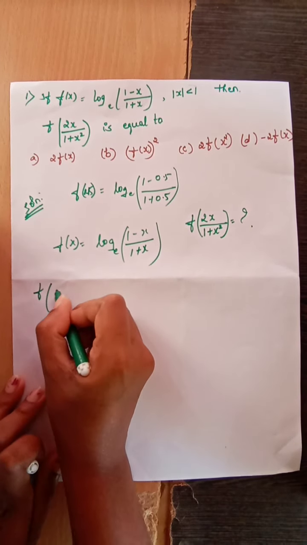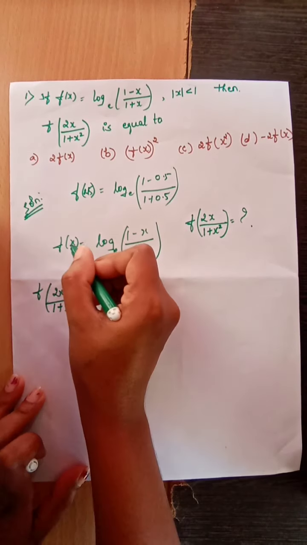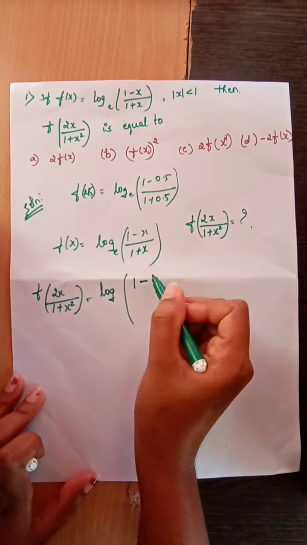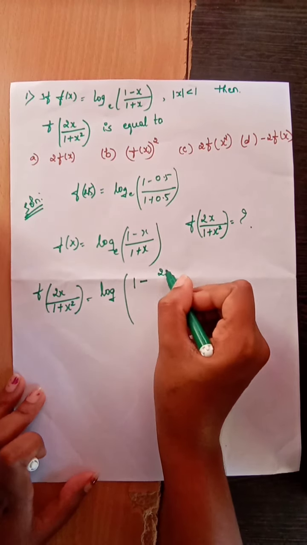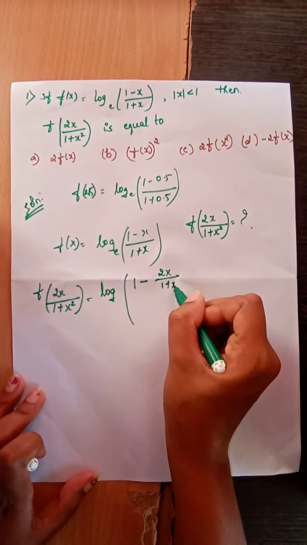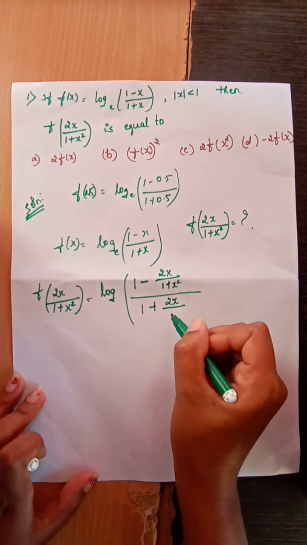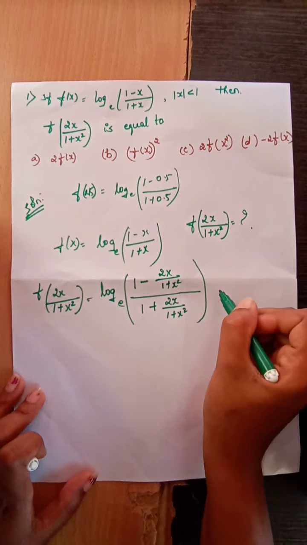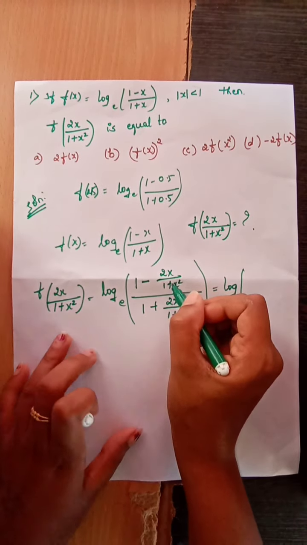So f of 2x divided by 1 plus x square is, wherever you have x, replace it by this particular term. So it is 1 minus 2x divided by 1 plus x square, whole divided by 1 plus 2x divided by 1 plus x square, to the base e. So that is nothing but log, and here you can see there is a fraction.